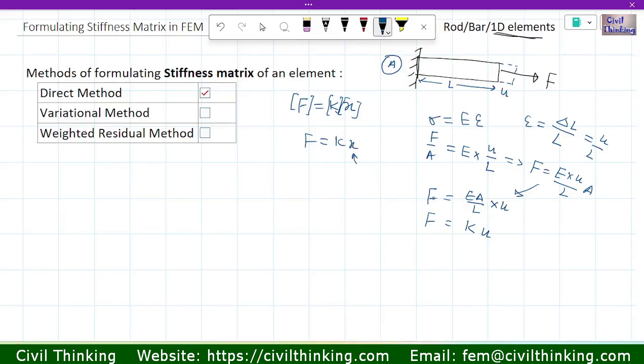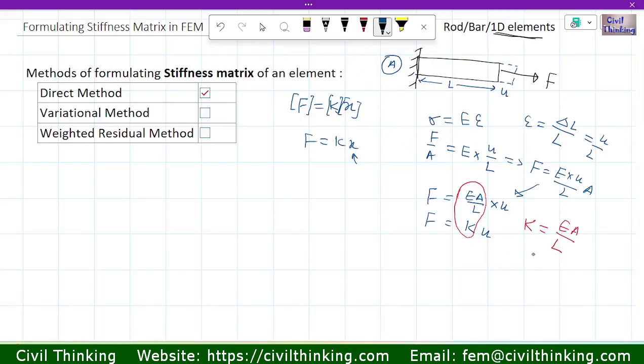When I compare these two equations, both have F, both have u, and here it is k and here it is EA by L. So what we get is k is equal to EA divided by L.